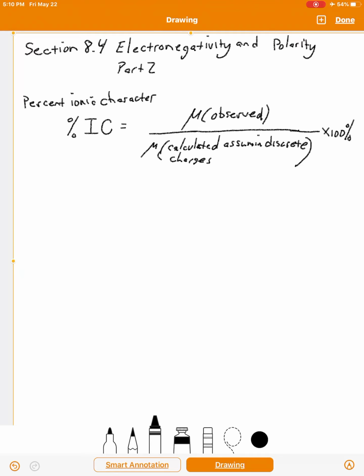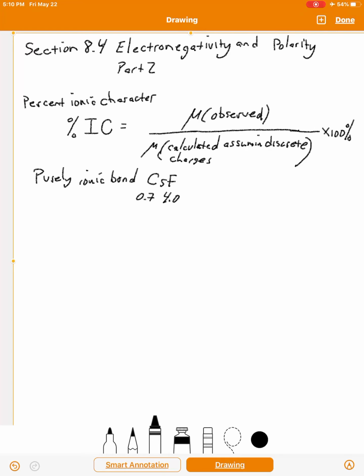The percent ionic character essentially says, hey, if you have a purely ionic bond, for example, let's use cesium fluoride, CsF. Cesium has an electronegativity of 0.7. That's the lowest in the entire periodic table.